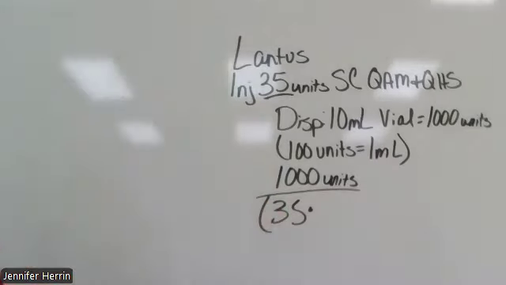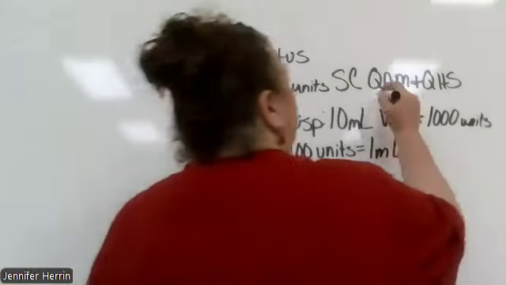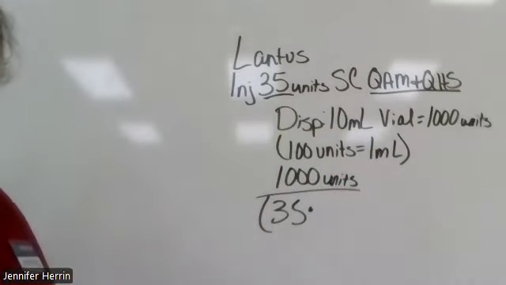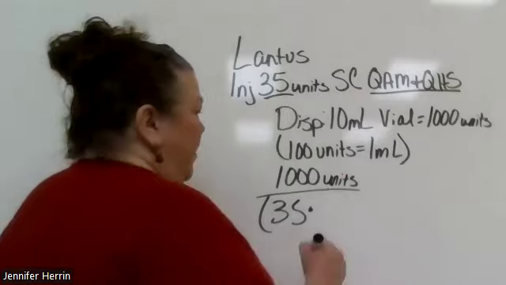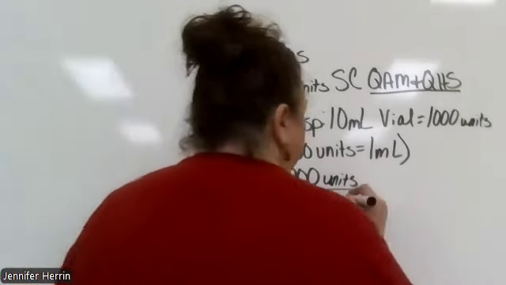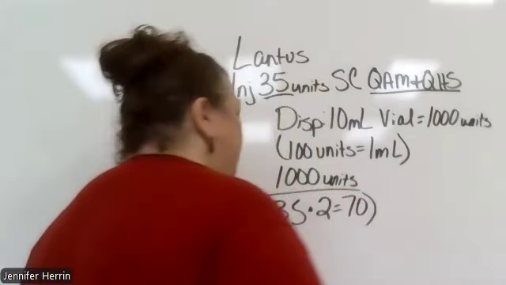How often is this dose being given? Every morning and every night at bedtime. So that is 2 times in a 24-hour period, right? So 35 times 2, which is 70.